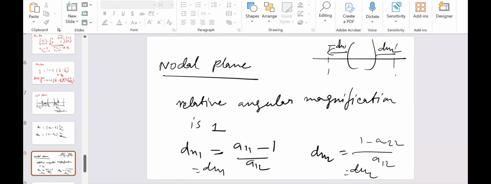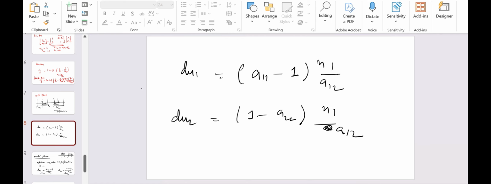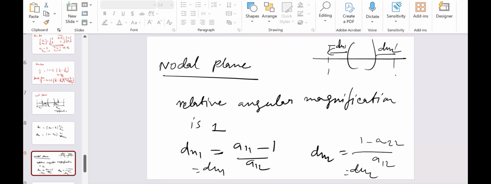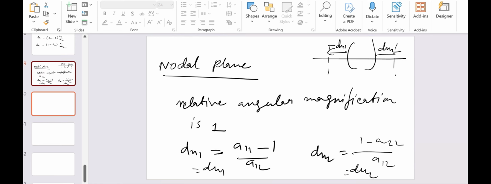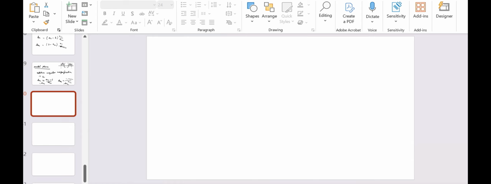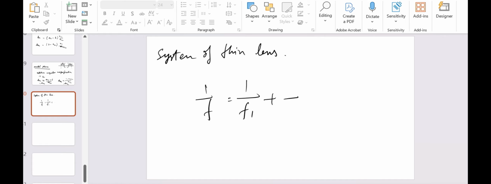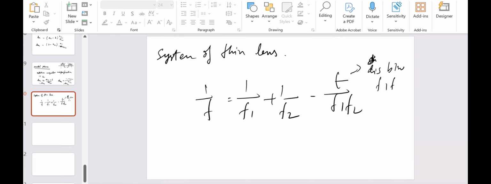That will happen when the media on either side of an optical system have the same refractive index. Then there is a system of two thin lenses. Again there is a matrix multiplication, and from that you get 1 by f, the focal length of the system of two thin lenses, and here t is the distance between the f1 and f2 lenses, that you need to remember.